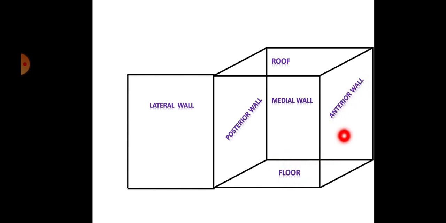The anterior wall is directed towards the pharynx or nasopharynx, and the posterior wall is directed towards the mastoid part. The lateral wall is directed towards the tympanic membrane, and the medial wall is directed towards the internal ear. So this is the basic data we should know.